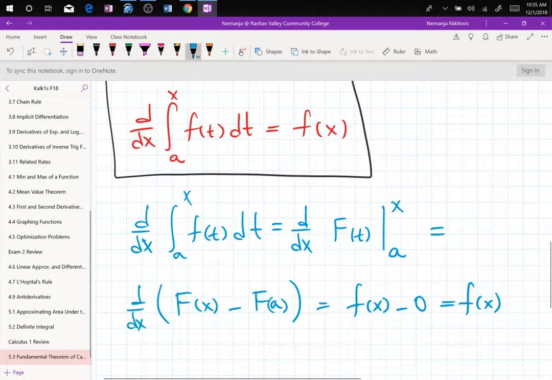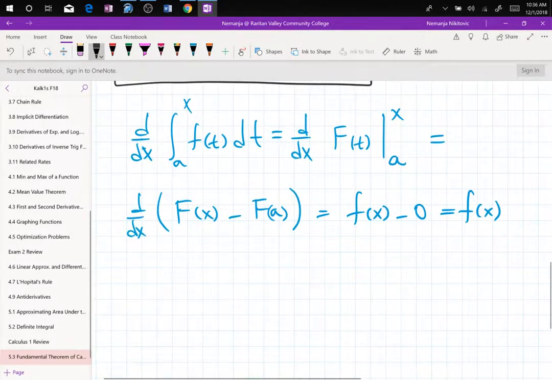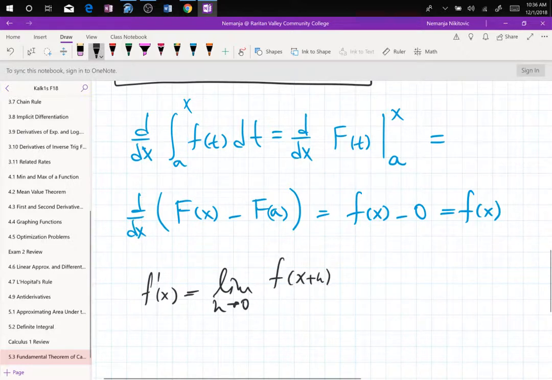Now, why does this work? Why are these guys opposites of each other? Well, let me write the formulas for both, and then you tell me why they're opposites. I have the derivative written as the limit as h goes to 0 of f of x plus h minus f of x divided by h.